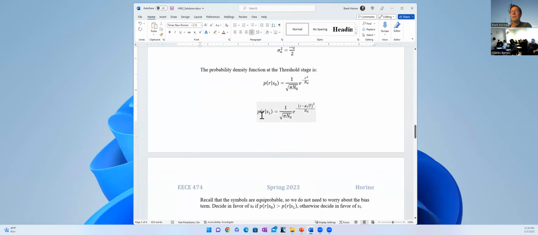But then what is it for our symbol 1? Now our energy is A times the square root of T, so that's going to be the mean, right? The Gaussian distribution is usually x minus the mean, divided by the sigma squared. Here our x is really this received random variable r.